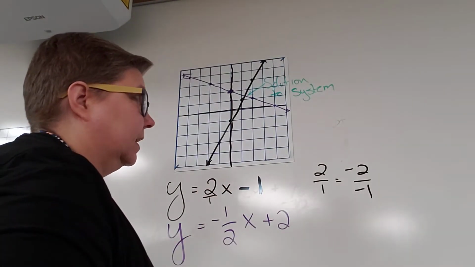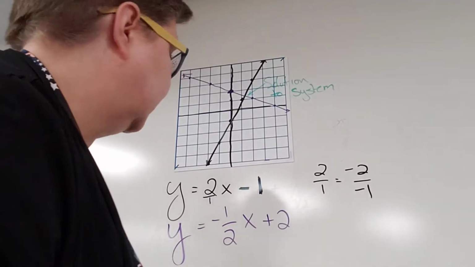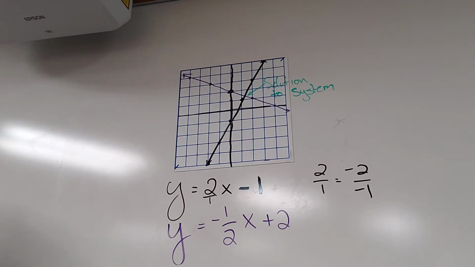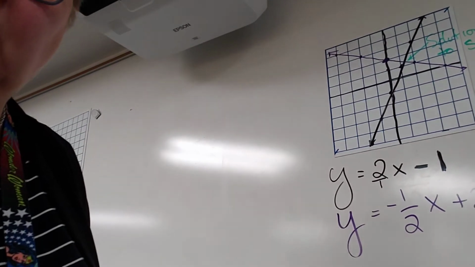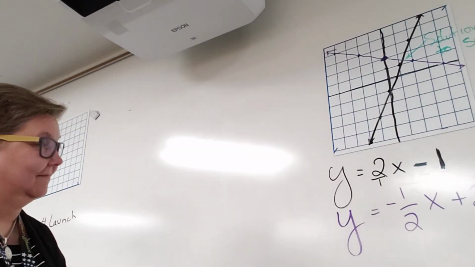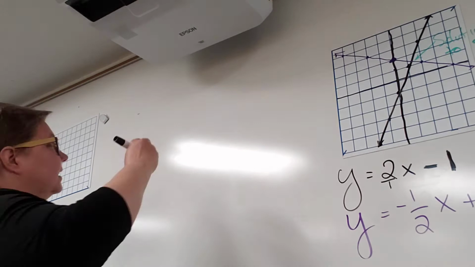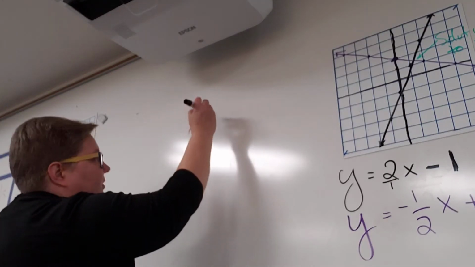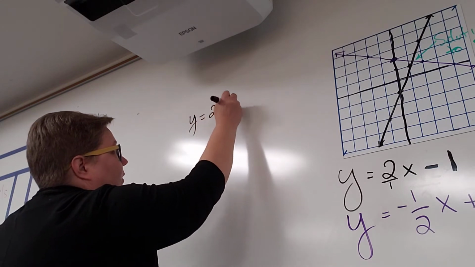So that being said, I'm going to launch into the next method. Now, I didn't plan very well because I didn't come up with problems ahead of time. So let's say I have y equals 2x minus 1 again.